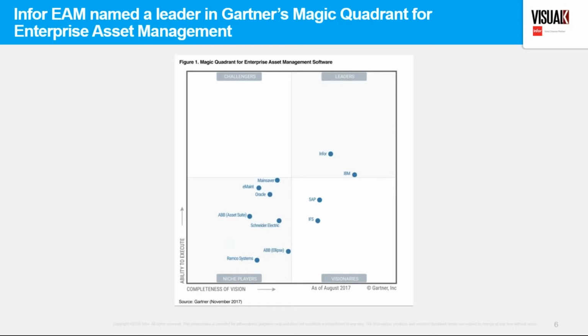The other axis is completeness of vision, as to how complete the software is and how integrated that software is. And EAM is really a true leader when it comes to vision, when it comes to developing and keeping cutting edge technology, and also addressing the basic needs.